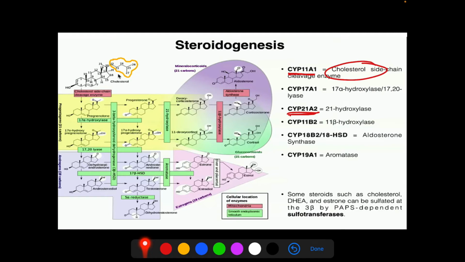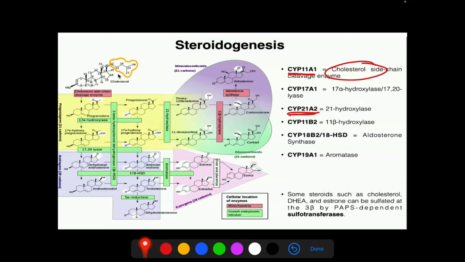And progesterone here will be hydroxylated into what? Another hormone, deoxycorticosterone. So progesterone to deoxycorticosterone by 21-hydroxylase.